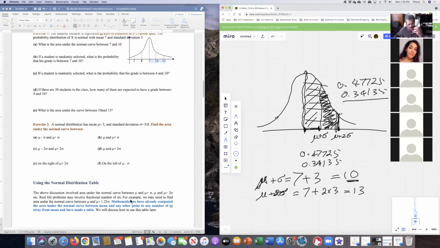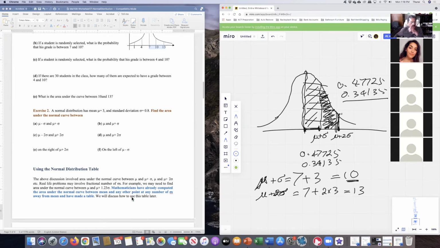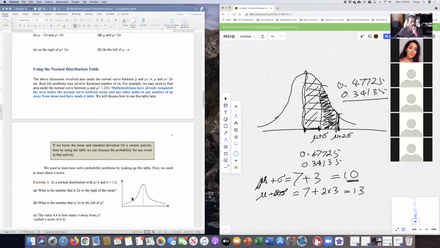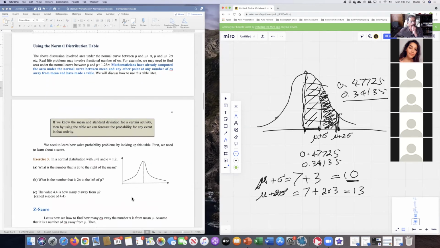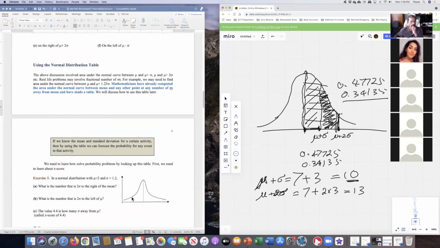So mu plus 0.1 sigma, mu plus 0.15 sigmas, everything. There's a table available already, and using that table, we can figure out the area for any distribution, between any number and any number.